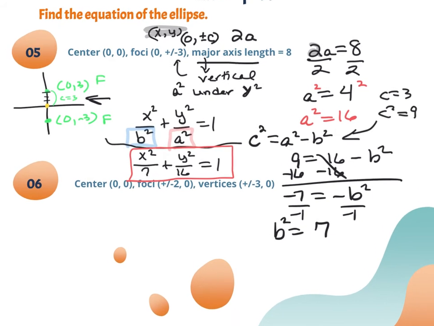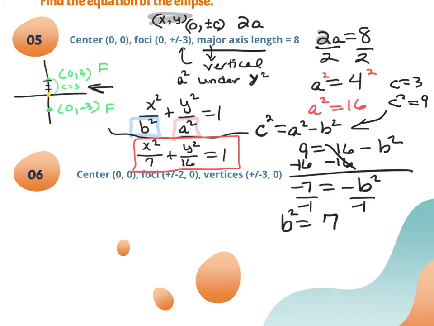The next one, let's start identifying our pieces. Again, if it helps you to give yourself a visual, you can do that. Now, when your center is at 0, 0, remember your focus points, your vertices, your co-vertices are on the axis. So when the center is at 0, 0, this focus point is plus and minus C, comma 0.